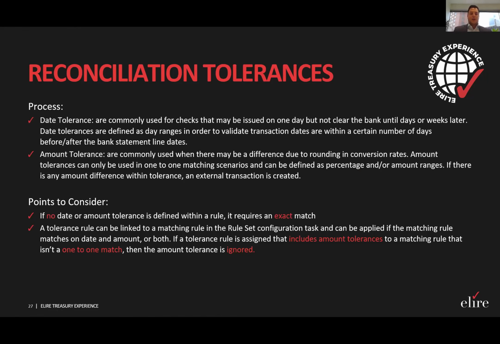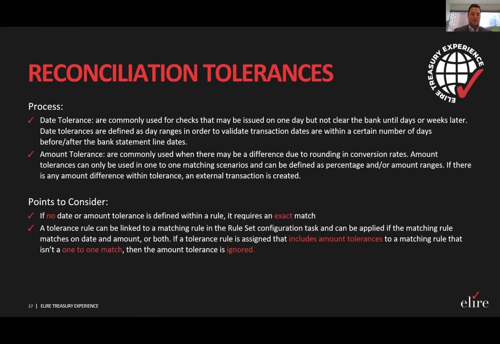The next component of reconciliation is defining any tolerances. So there are two different tolerances that you're able to apply to reconciliation rules. The first one being date tolerance, which again, using checks as an example, you may have a check that has been issued on one day but does not clear the bank until days or weeks later, depending on when it gets cashed.